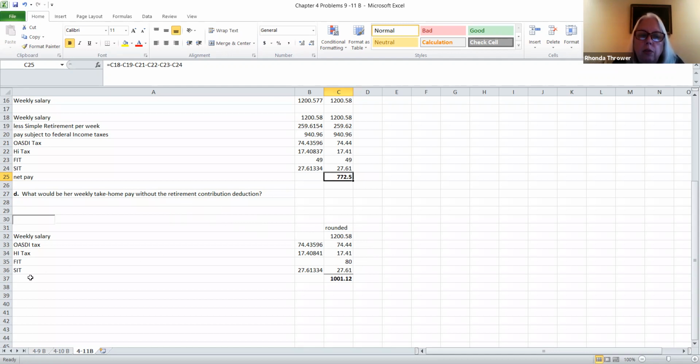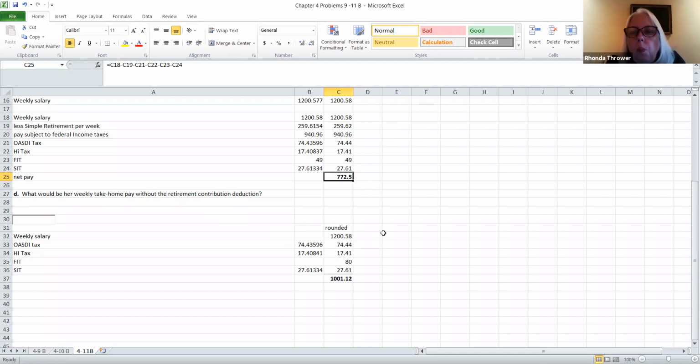For SIT, the amount of taxes is $27.61. It's really the same as it was above, because we're basing our OASDI, HI, and SIT tax on this $1,200.58. The only tax that's based differently is the federal income tax. And this time it's no different because we did not subtract out for the retirement contribution.